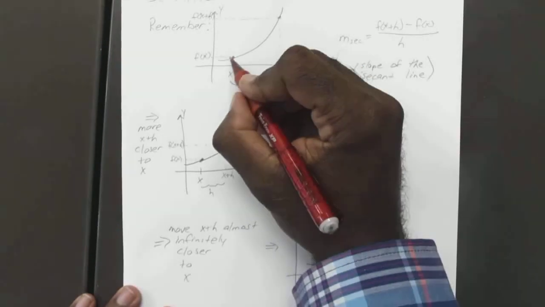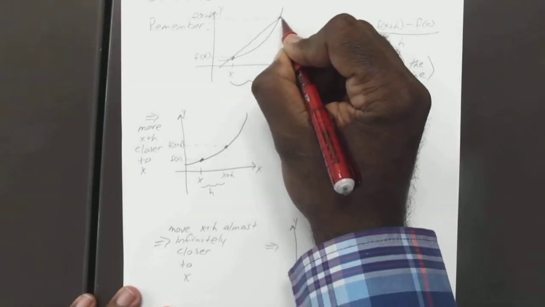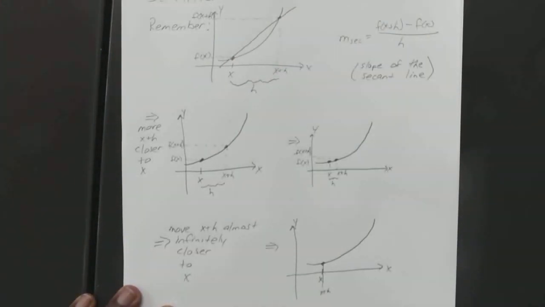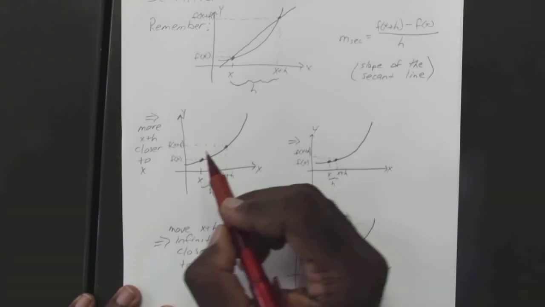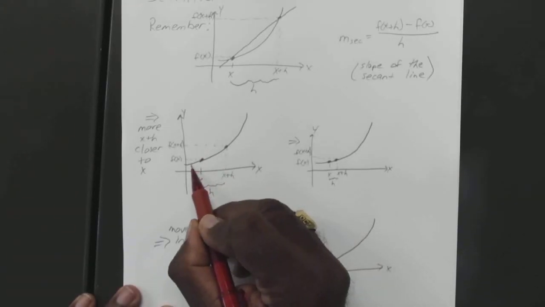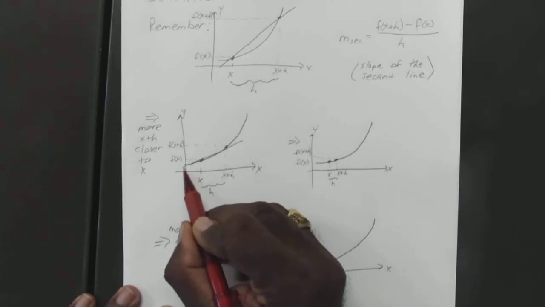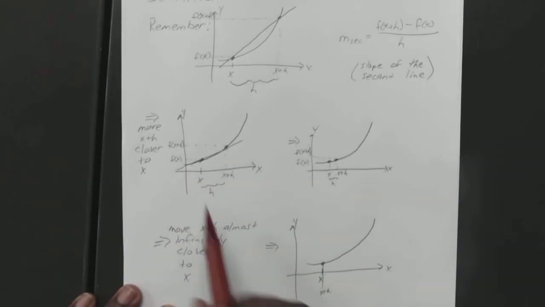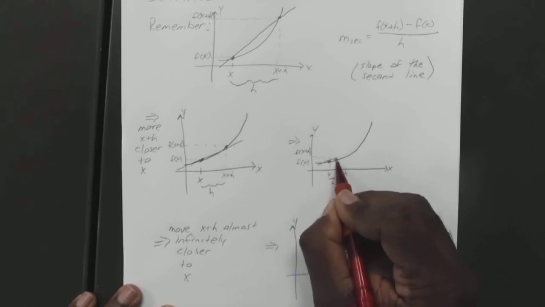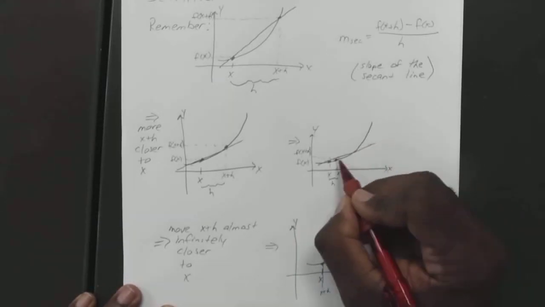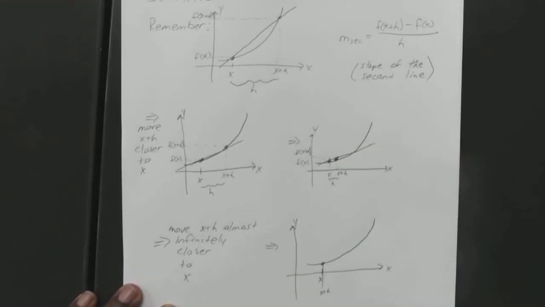If you look where we started, this was our slope between those two points. And as we move it closer, notice our slope gets a little bit closer to that point there, to where at some point that slope just barely skates by that point.